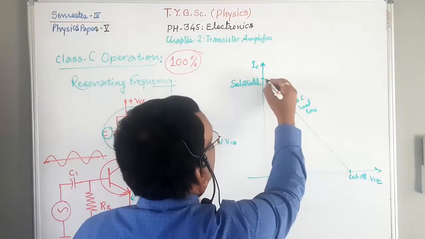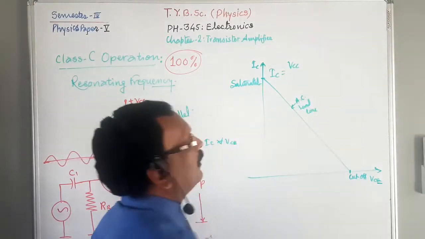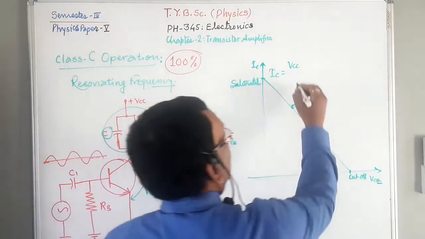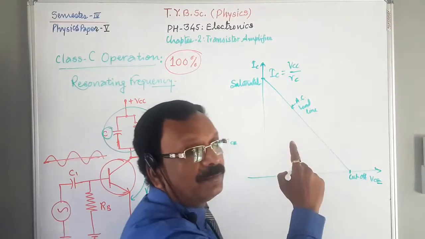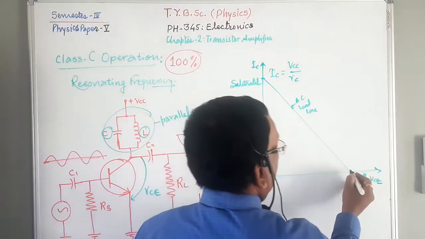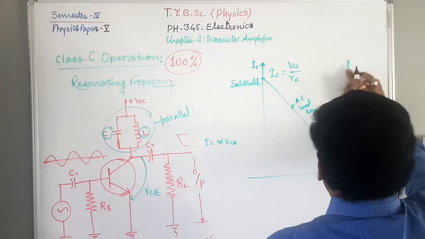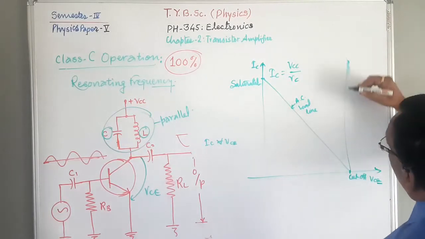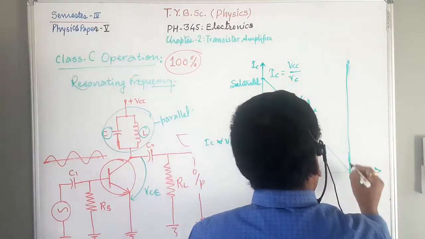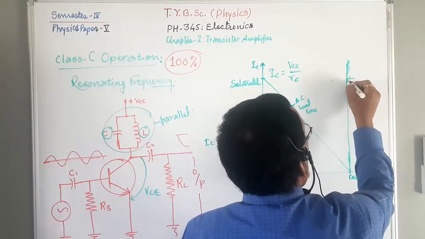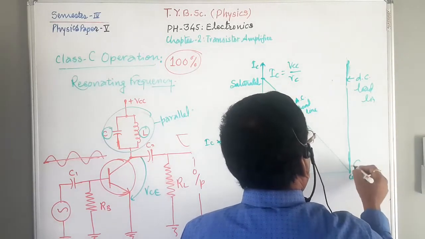Here IC, the collector current, is VCC upon RC. Suppose this is the Q point. This is the DC load line and this is the Q point.